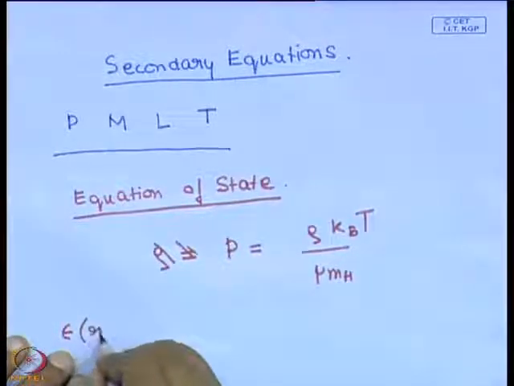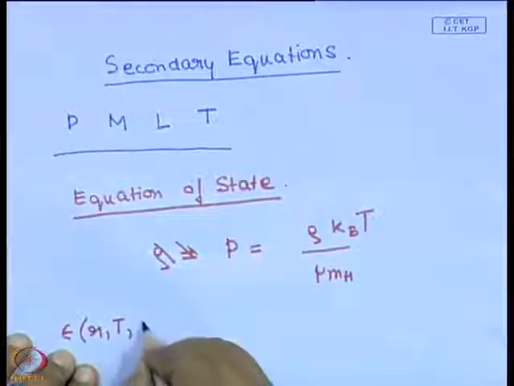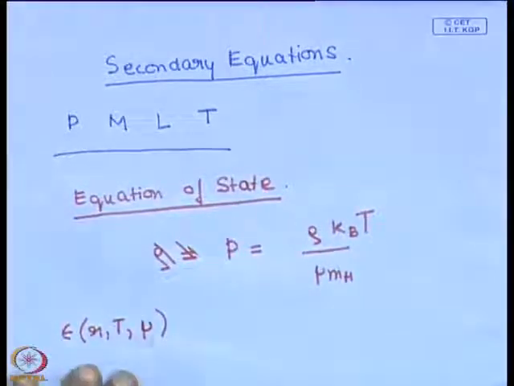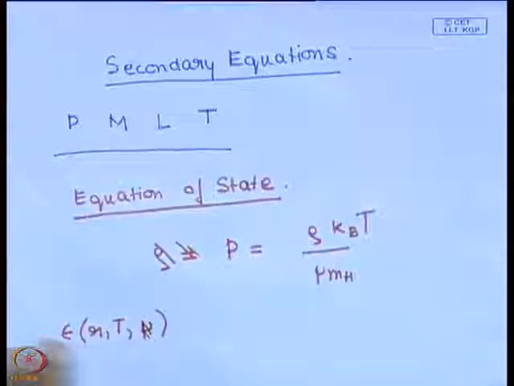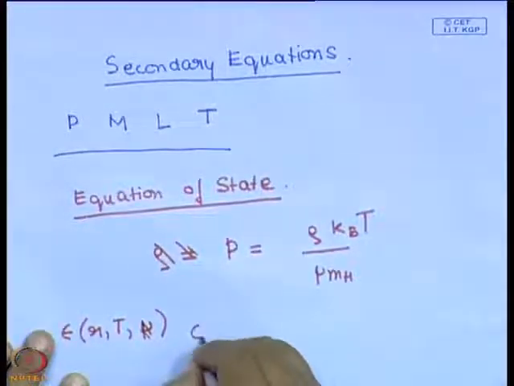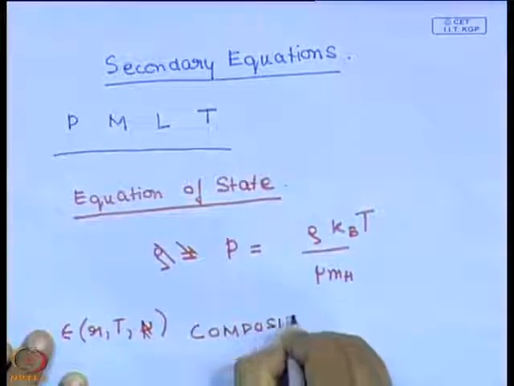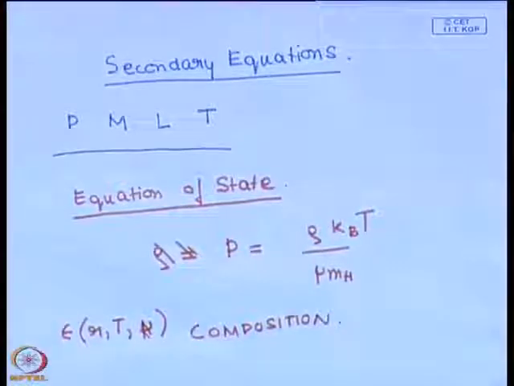We know that this is a function of the temperature, and also the composition. So, there is a composition over here, it depends not only on mu but also on the composition. And it will change, this is through nuclear fusion, and the rate at which energy is being generated will be different if you change the composition.